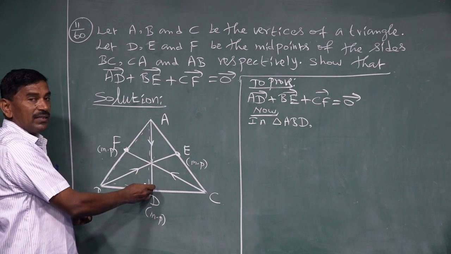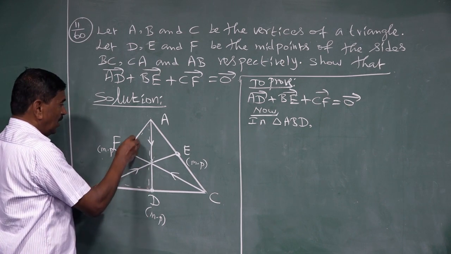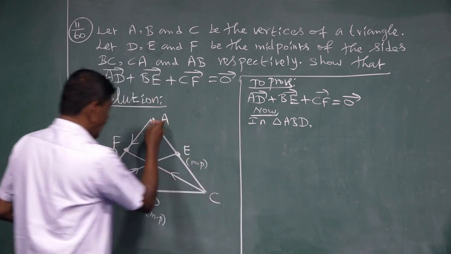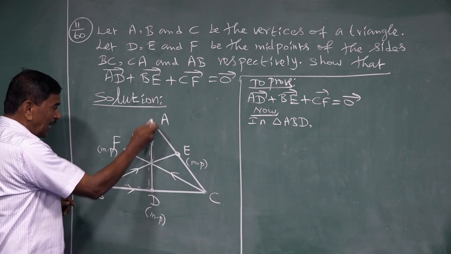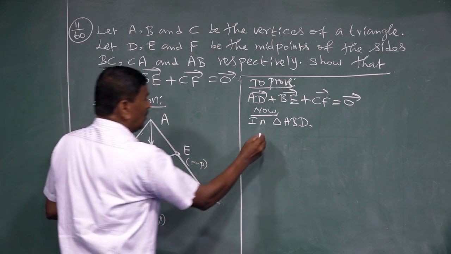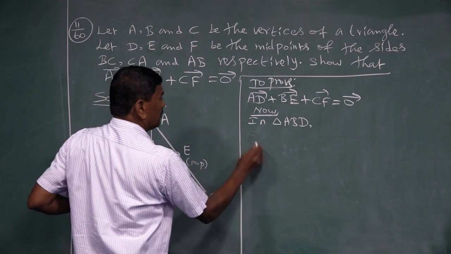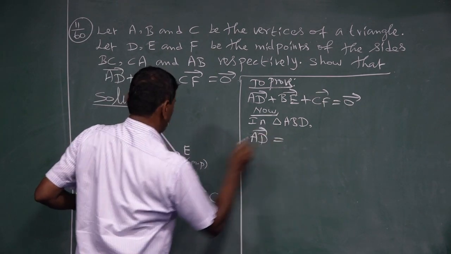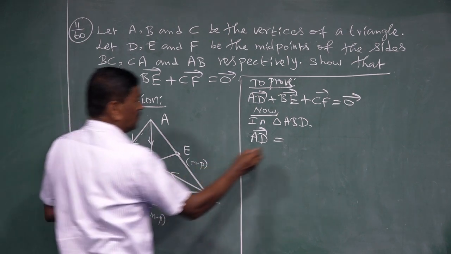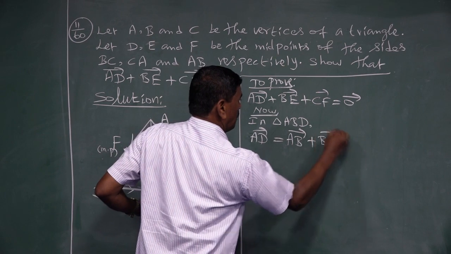Next way, yes, AB vector plus BD vector. So, AD vector is equal to AB vector plus BD vector.